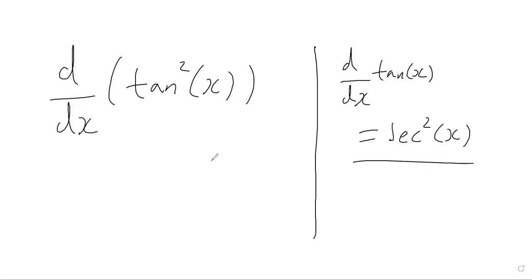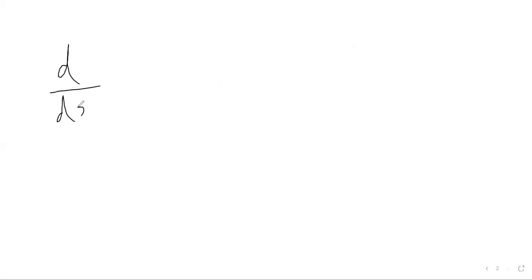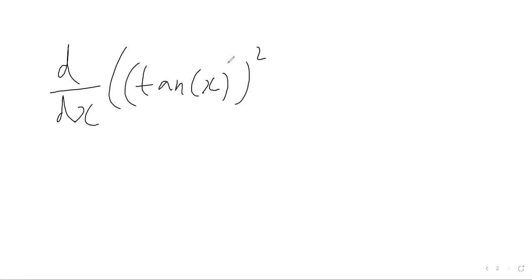So yeah, we're going to do this derivative then. So again, just to emphasize, we're differentiating the tan function all squared. So yeah, this is obviously going to be the chain rule. So what we want to do is differentiate the inside of this squared function first.